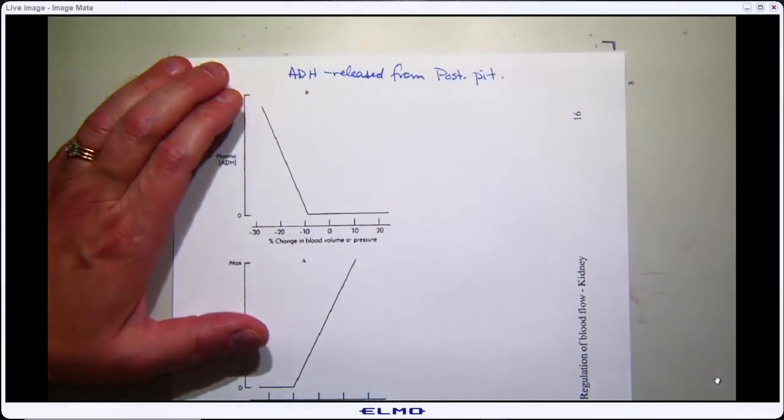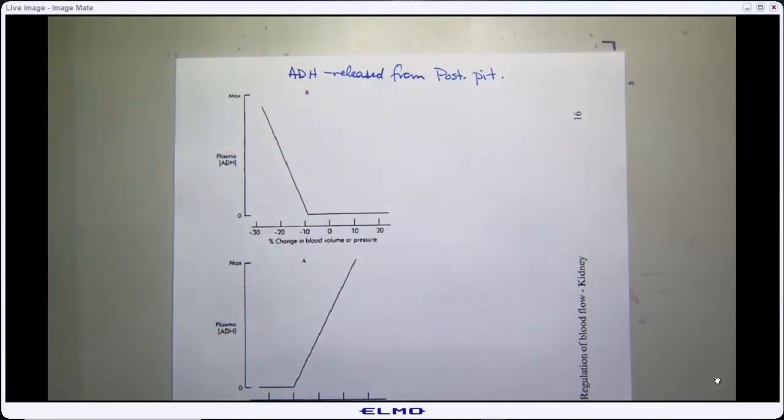It's under hypothalamic control, so we plug things into the hypothalamus, and then the hypothalamus can change their action potential frequency and patterns of neurons, and then we're going to get ADH release, okay?